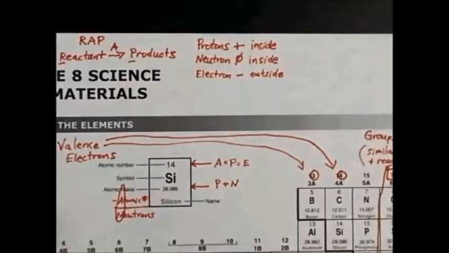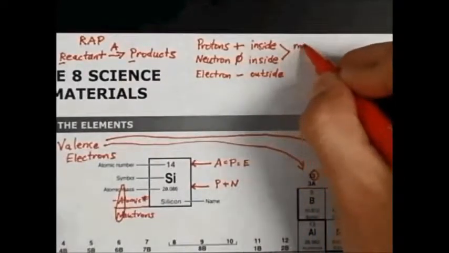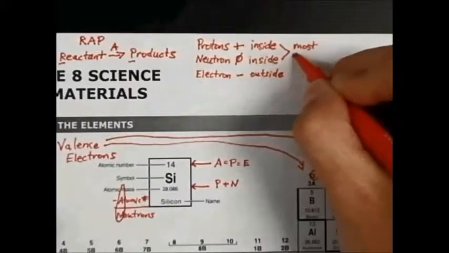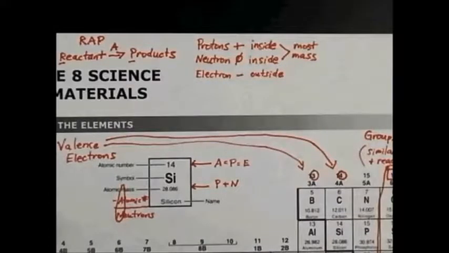Also want to make note of the top 2, the protons and the neutrons, make up the most mass of the atom. This is where all the mass is found in the atom. Electrons have a tiny, tiny little bit of mass, but not that much. Most of the mass comes from the protons and the neutrons.